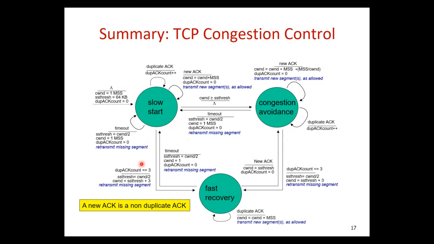Now in this state, if we have 3 duplicate ACKs, then it will do the same action as here. Okay, so SS threshold is set to CWND divided by 2, and then CWND is updated to be CWND divided by 2 plus 3, and go to this state.